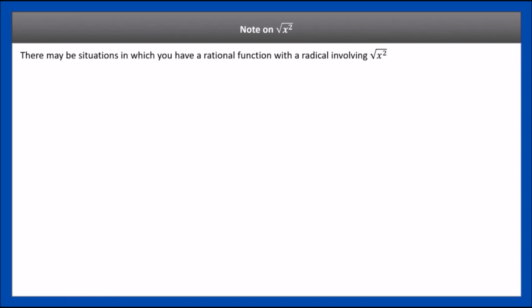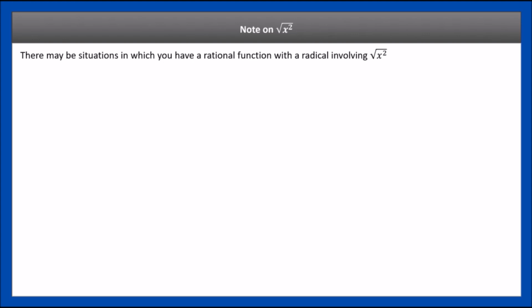There will be situations where you have radicals in the function that involve the square root of x squared or the fourth root of x to the fourth, anything like that. It must be noted that the square root of x squared is a special case, because x could be negative or positive here. If x is negative, then the square root of x squared should give us a negative quantity, right?